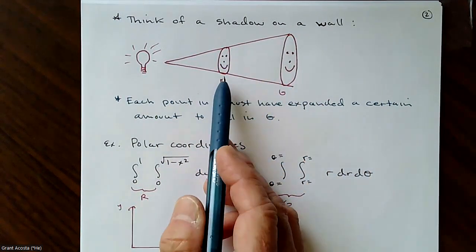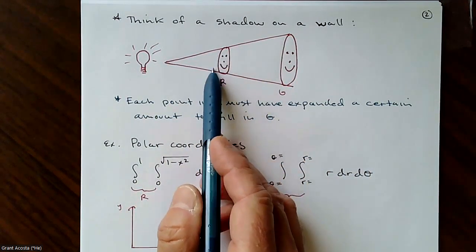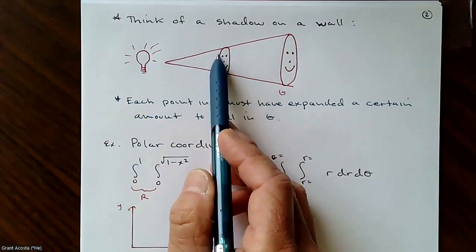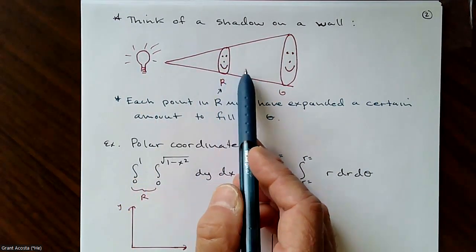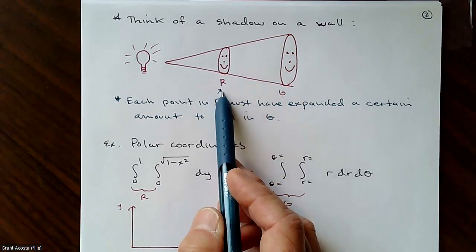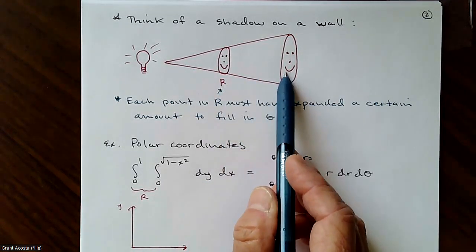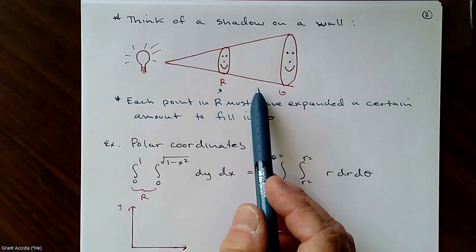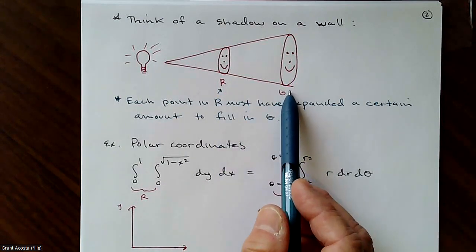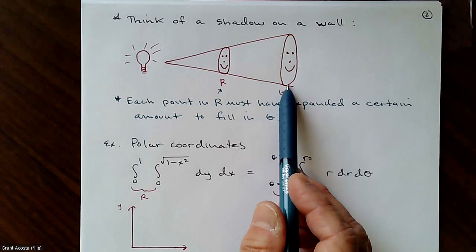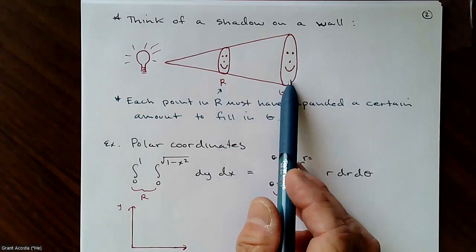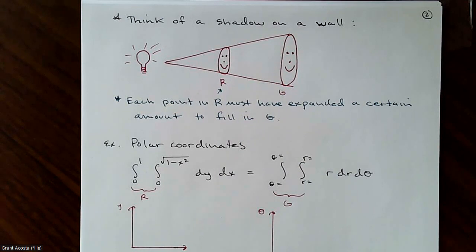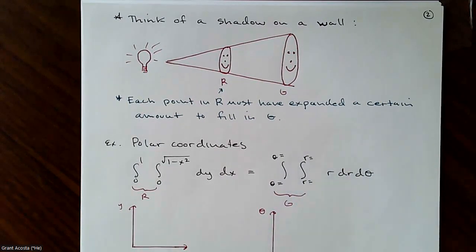You can think of each point as coming from the same image. So this smiley face over here, each point in R must have expanded a little bit to give us this same image when we move the wall back, so to speak, or for a different boundary G. Same image, but just smaller size. There's sort of a scaling factor that's involved there.